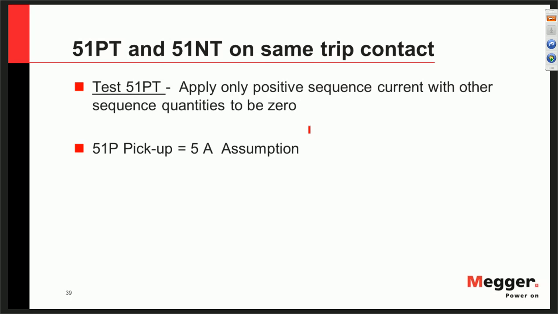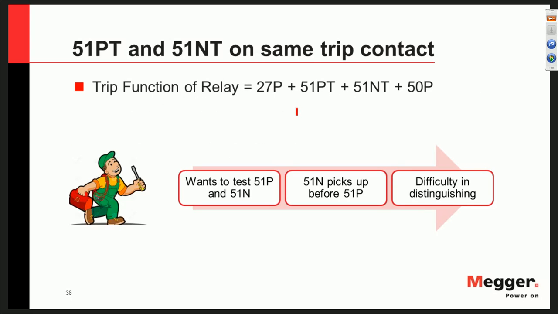So if I want to test my 51 PT element, I will just apply positive sequence current and not any 0 sequence current or negative sequence current. If there is no negative sequence or 0 sequence current, my 51N element is not getting any current. Why? Because as I explained, 51N is the neutral overcurrent.